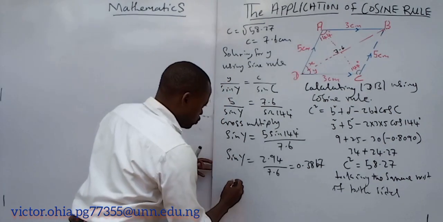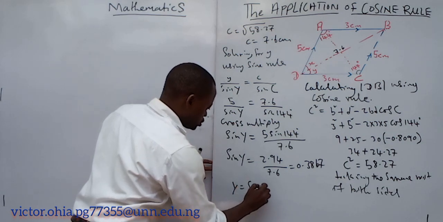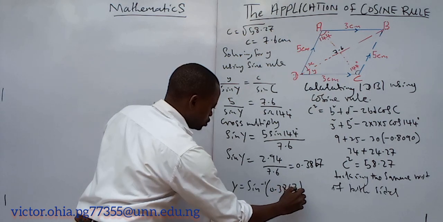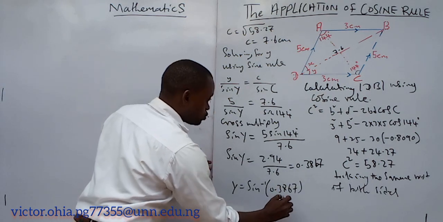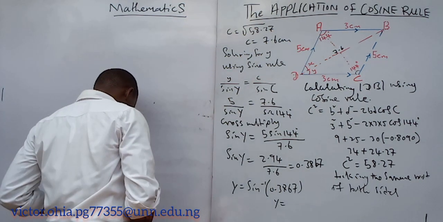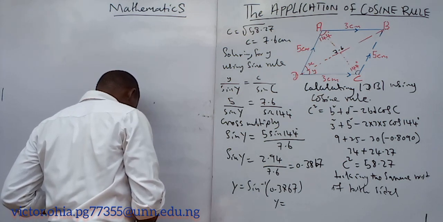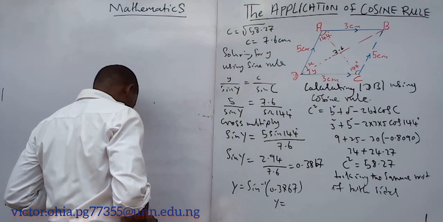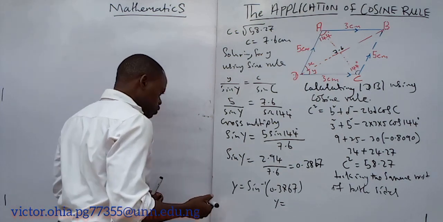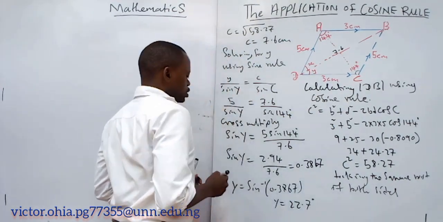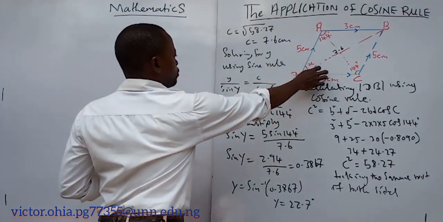So it then means that y is equal to sine inverse of 0.3867, so y is equal to 22.7 degrees. That's what we're able to obtain for this place.